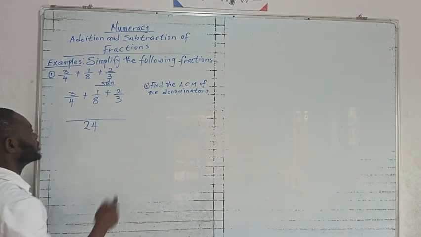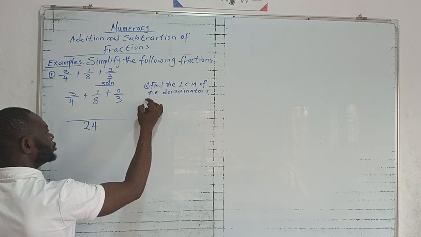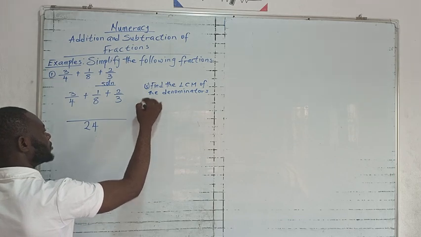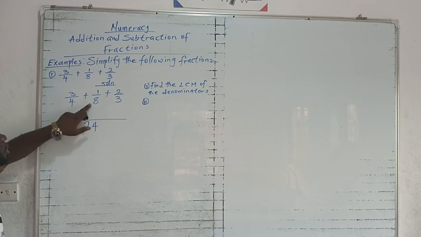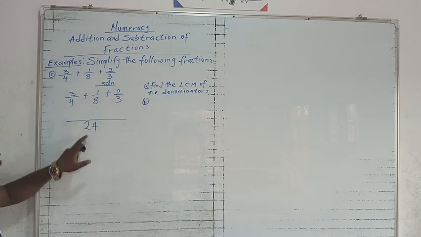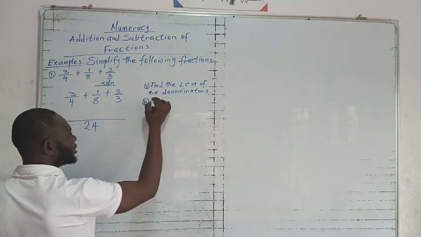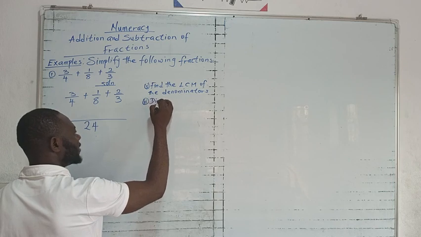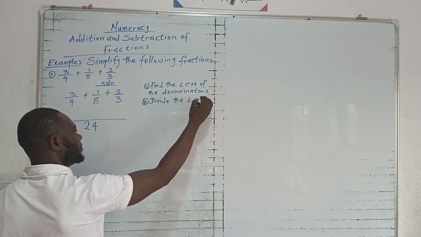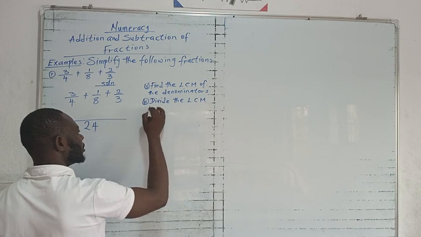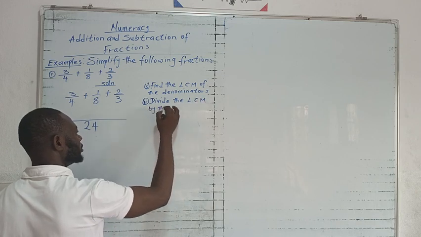Having gotten the LCM, the next thing we do, let me call it step 2, is we use the denominators to divide the LCM. So simply say, divide the LCM by the denominators.